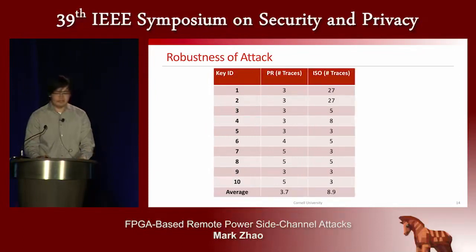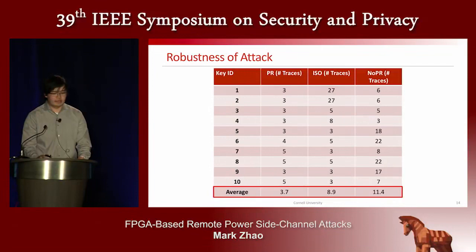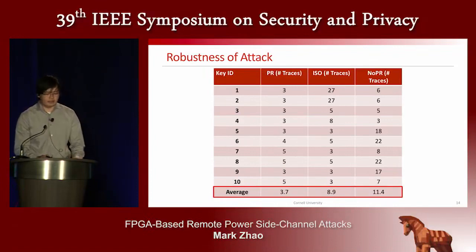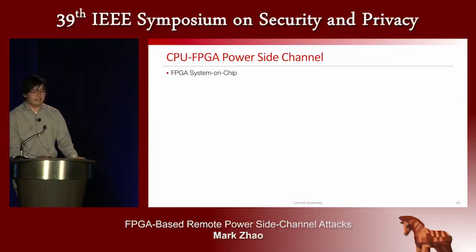In our physical isolation case, we still only need 8.9 traces on average to fully recover all bits of each key. In our no place and route case, that number increases to 11.4 traces on average. We can still see that this is a relatively low number of traces that is required to recover the entire key in all cases.